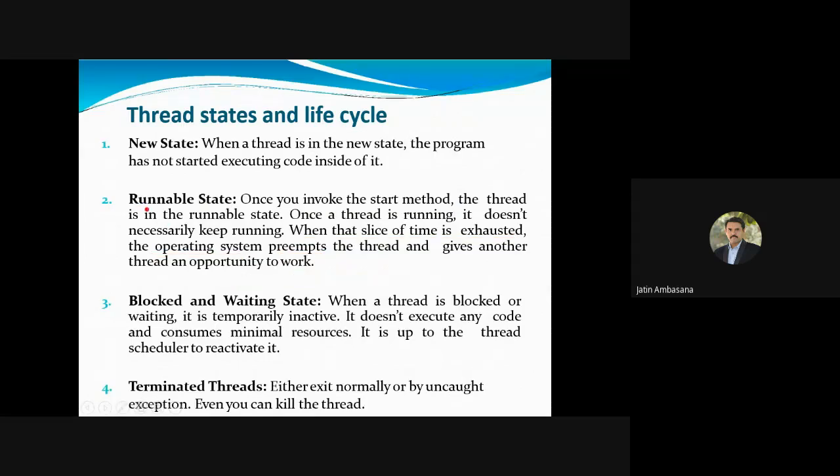So runnable state for a thread is there for some time only. Again, it comes back. From runnable, where does it go? It may go to blocked or waiting state. If it is waiting for input from some IO device, then it goes into blocked mode. If it is waiting for its turn for the processing, it goes into the waiting state.